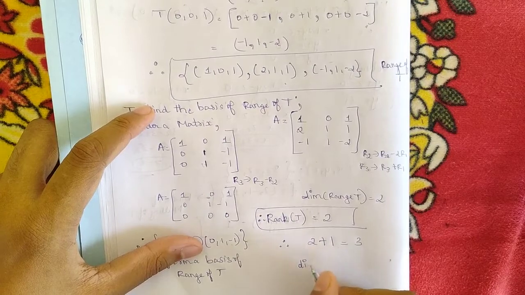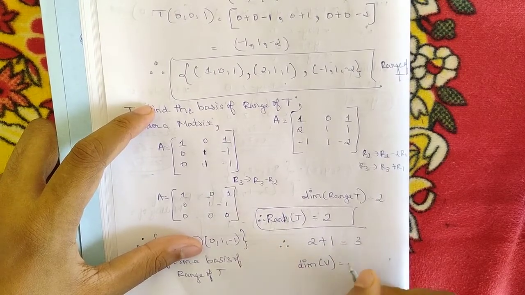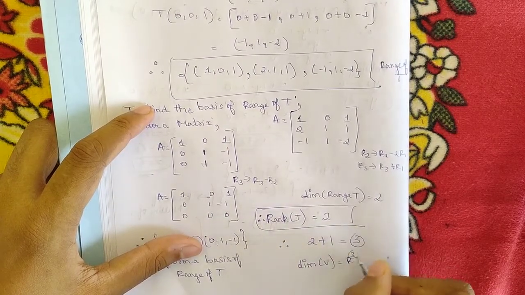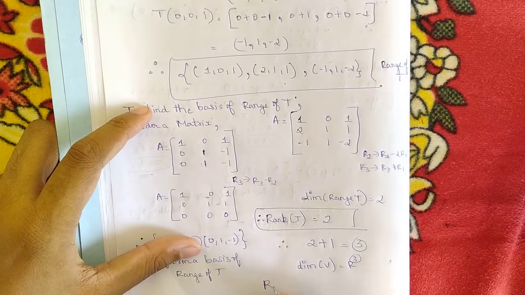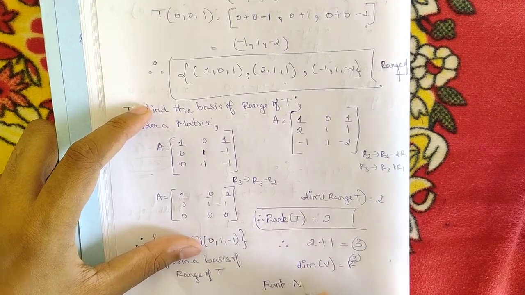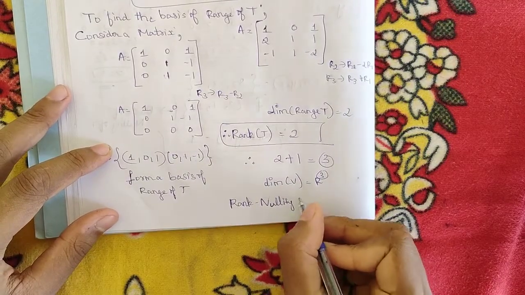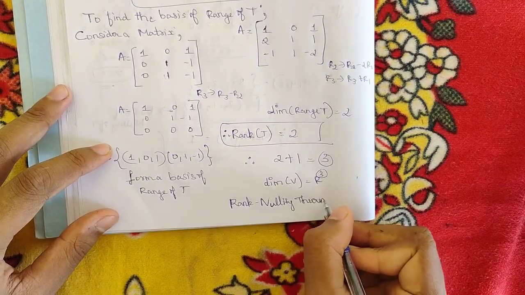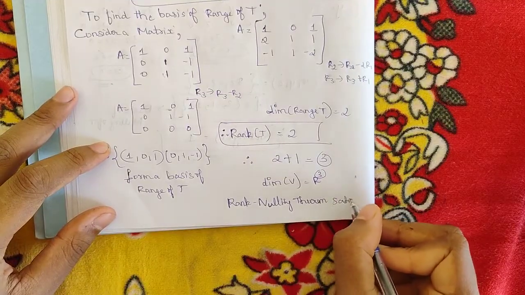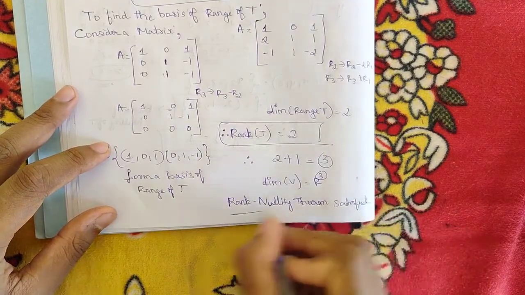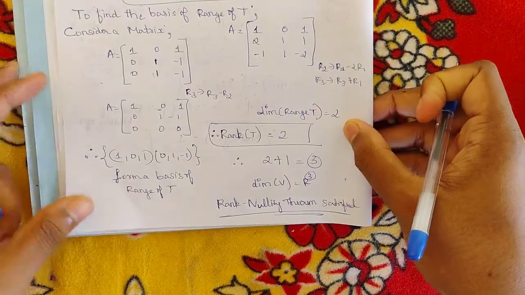So dimension of vector space is R cube. So it matches here. So we can say that the rank nullity theorem is satisfied. Okay, so this is the complete problem, guys.